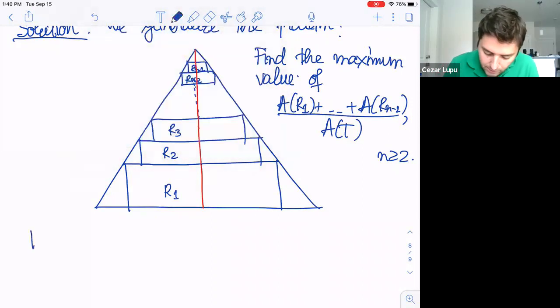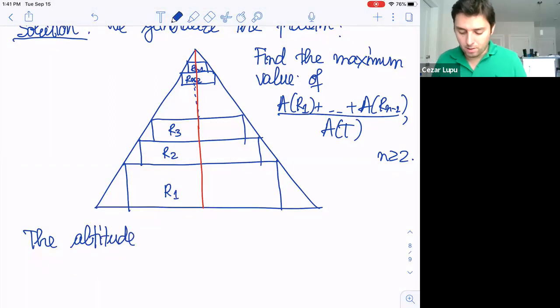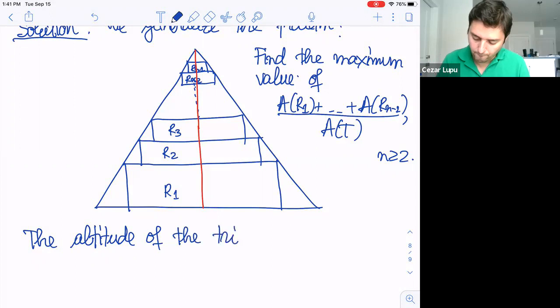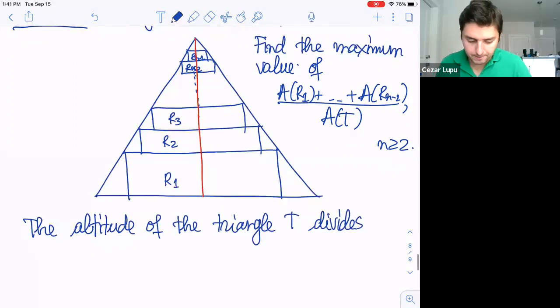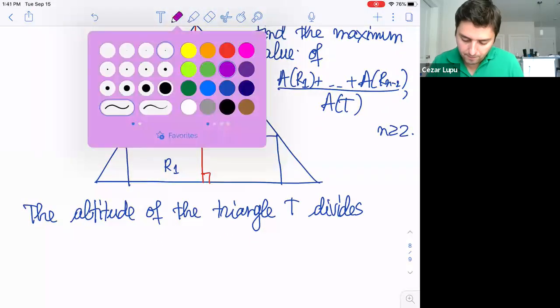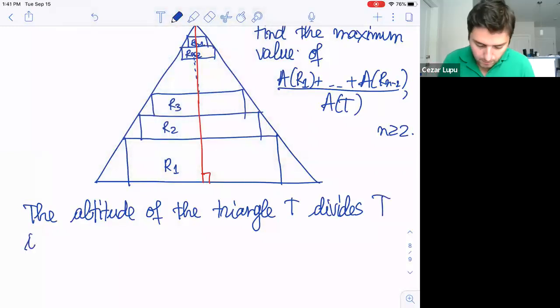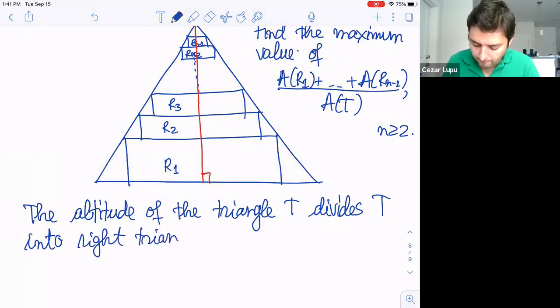The altitude of the triangle divides T into 2 right triangles.